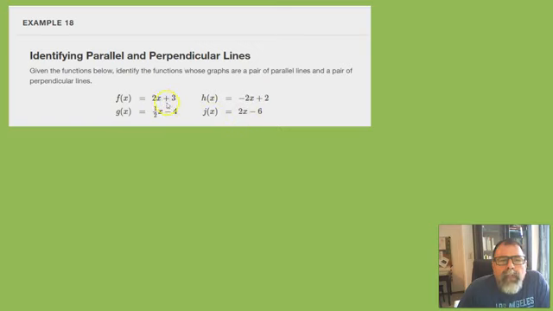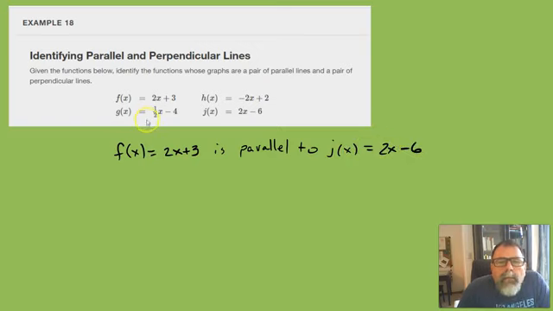So f and j are my candidates, and they have different y-intercepts. So f of x, 2x plus 3, is parallel to j of x.